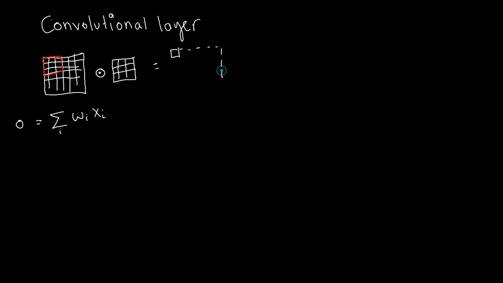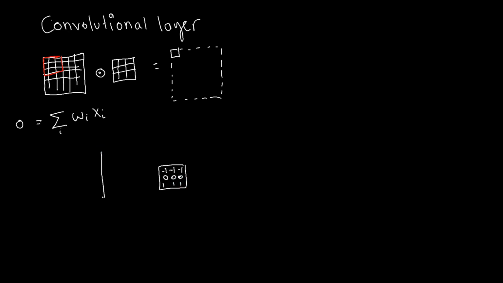And why is this operation so important to us? Because it allows us to recognize different shapes and figures or edges. Imagine you have a filter like this, with -1, -1, 0, 0, 0, 1, 1 and 1.